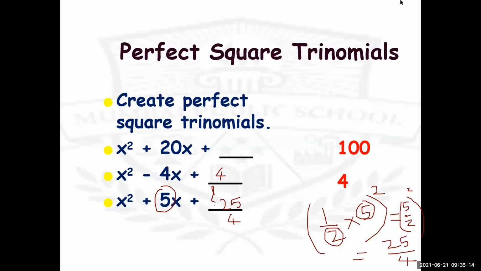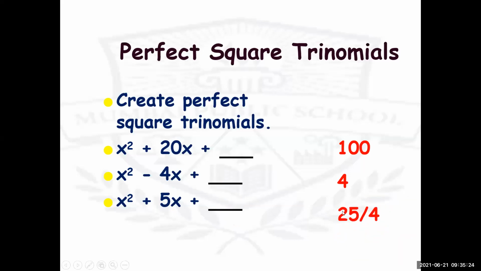So what you're going to add is 25 upon 4. Is this clear to all the students? We're going to add 25 upon 4 over here. In this way, you're going to create the perfect trinomial. Now we'll move ahead to the next topic.